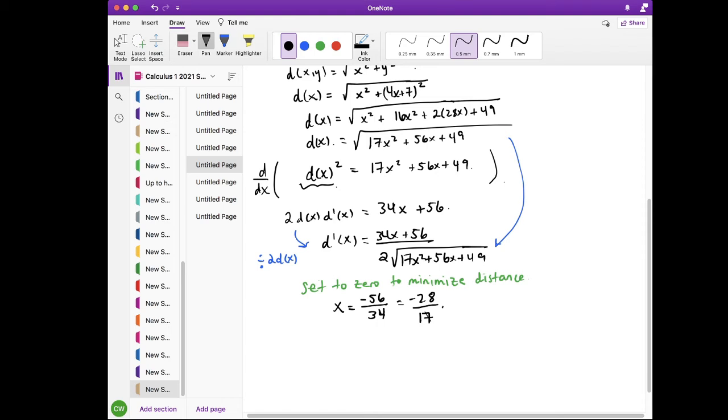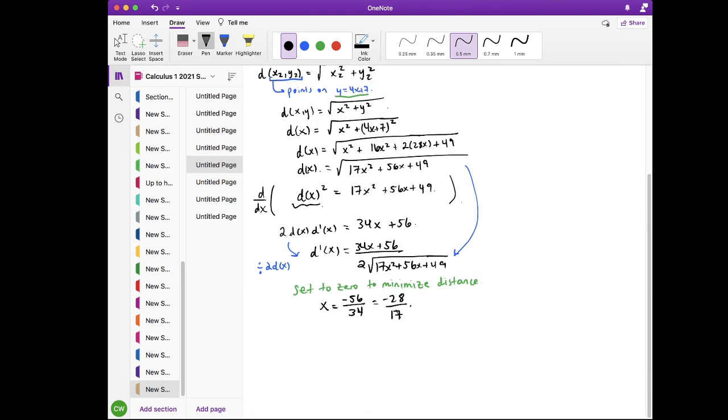Okay. And then what's y? How do you find y? Two things: how do you find y is one, and the other is, why don't I care about the denominator? Why am I ignoring the denominator here?